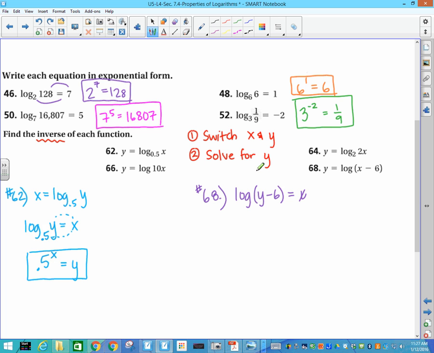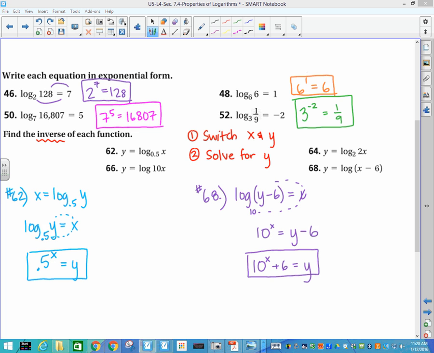So now I've got to get rid of that log, and I do that by remembering that this base is 10, and I'm going to raise 10 to the x is equal to y minus 6. I got to solve for y, so I'm going to solve for y by adding 6 to both sides. So 10 to the x plus 6 equals y. And that would be the inverse.